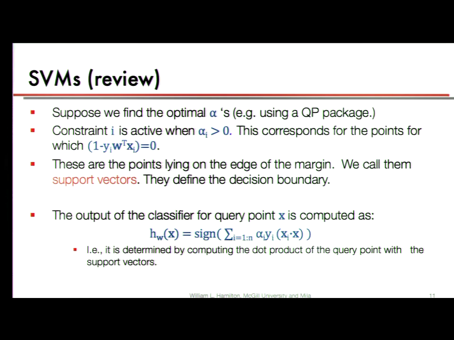I just want to make that clear: all of these Lagrangians and the primal and the dual aren't necessary to get the solution for linear SVM, but it's important because for some more complicated versions of SVMs, working with this dual representation of the classifier, where we're representing the decision boundary as just some linear combination of the input points, is going to become very, very useful.